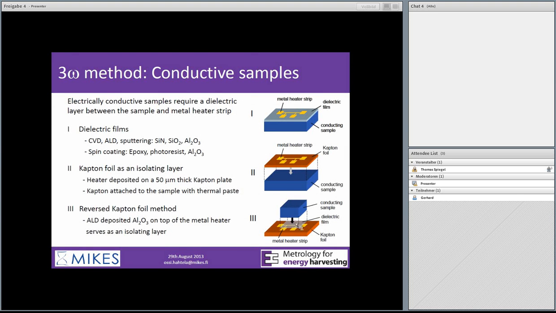Now there are some restrictions on what kind of sample materials we can measure, because some of the heating may go to the Kapton, but if the thermal conductivity of the measured sample is much larger than the thermal conductivity of the Kapton, most of the heating will diffuse into the conducting sample, and the Kapton won't harm the measurement.